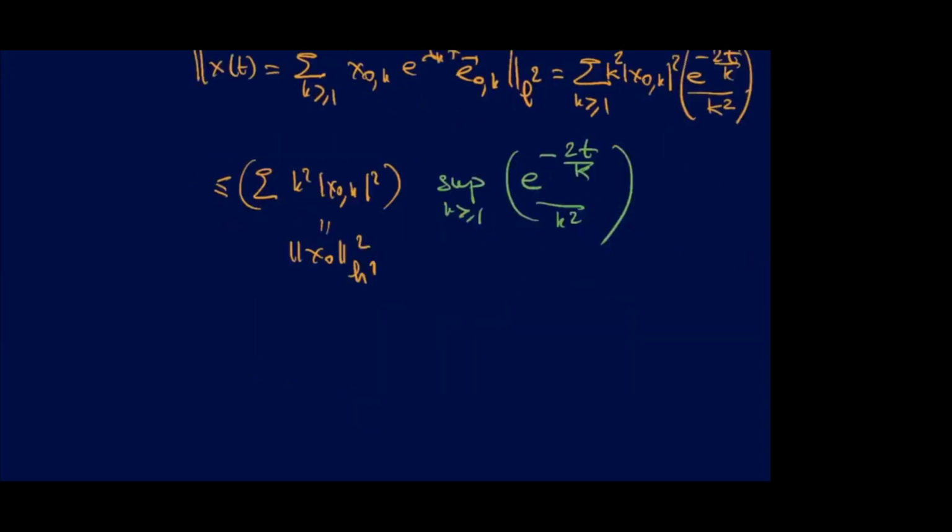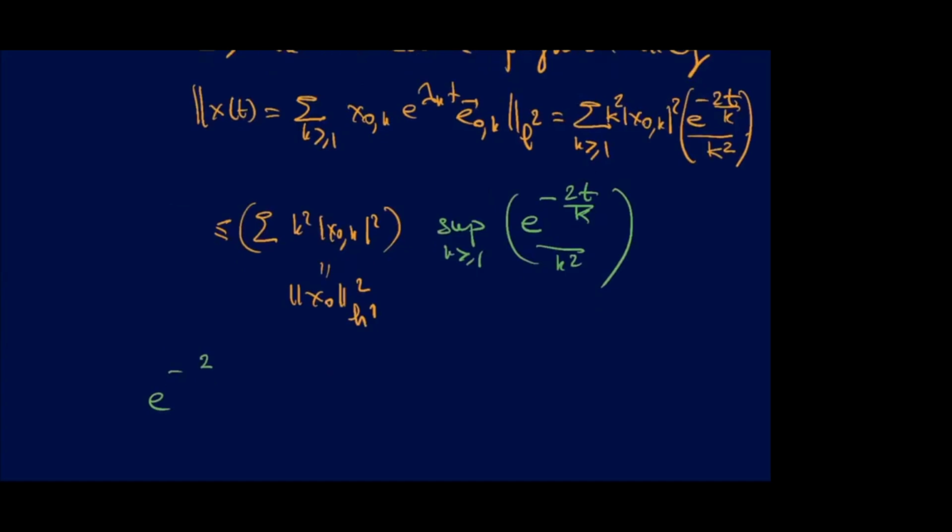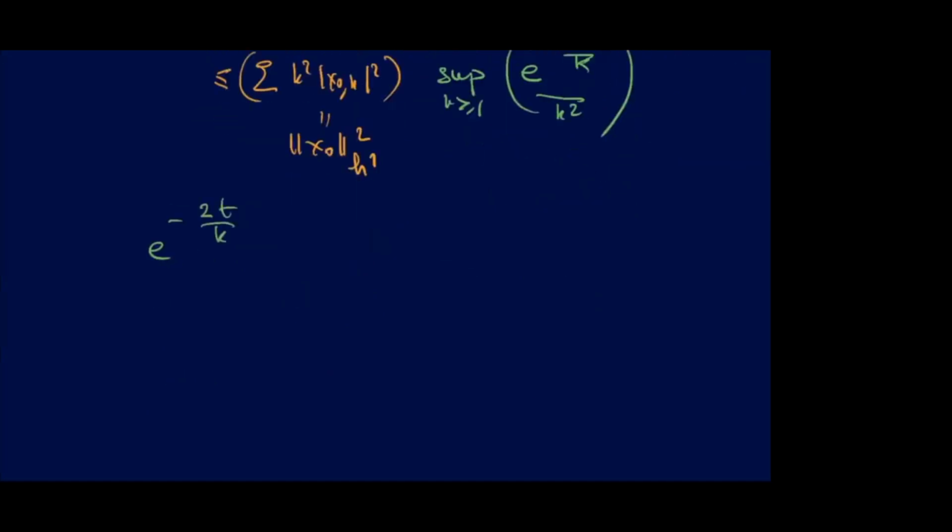And now I ask you, is this supremum bounded? Can you find an upper bound for this? And the answer is yes, indeed. This quantity is uniformly bounded. Why? Because I can always get the following bound. I can always write 2t divided by k divided by k squared.